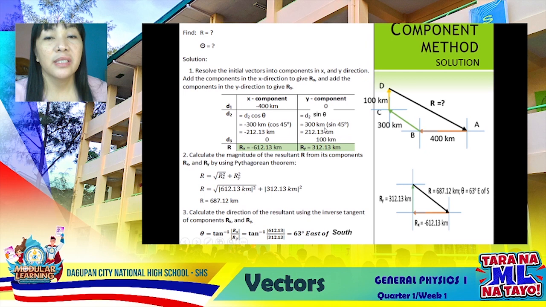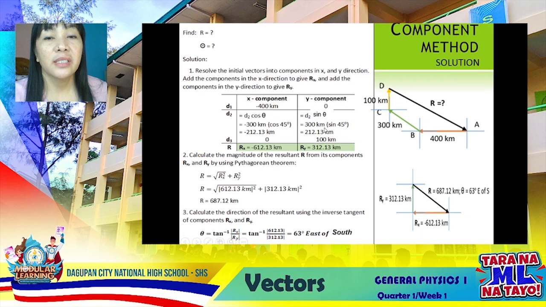So we will find the R sub x by adding all three vectors along the x component. So negative 400 kilometers plus negative 212.13 kilometers plus 0 is equal to negative 612.13 kilometers.